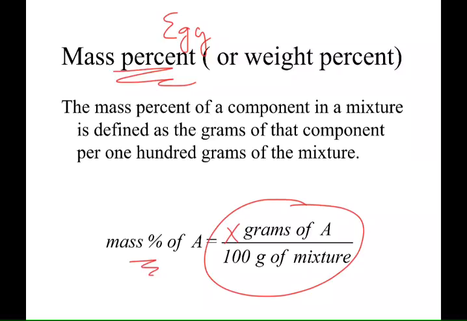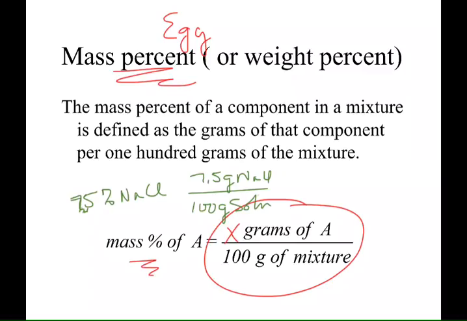Let's say somebody has a salt solution and it is 7.5% sodium chloride, NaCl. So 7.5%, what does that mean? It means that there are 7.5 grams of NaCl in 100 grams of the mixture, in this case the solution. Now that's kind of a physical property of that solution.